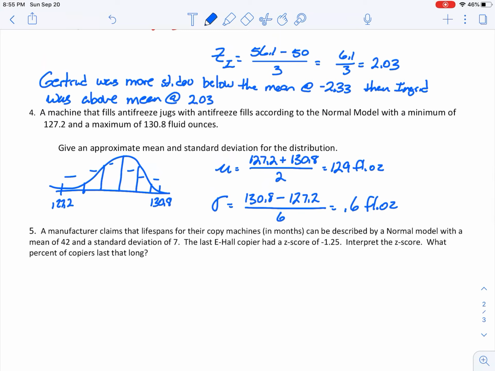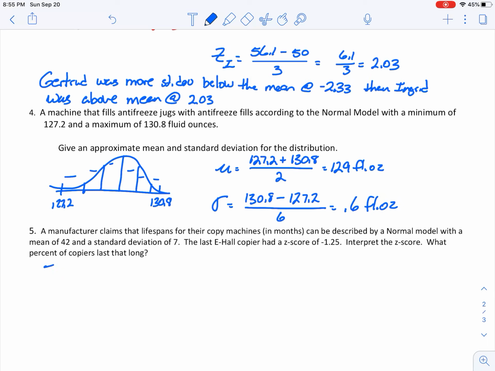A manufacturer claims that the lifespans for their copy machines in months can be described by a normal model with a mean of 42 and a standard deviation of 7. The last E-Hall copier had a Z-score of negative 1.25. Interpret that score and what percentage of copiers lasted that long. Okay, so again, we have interpretation of that Z-score.